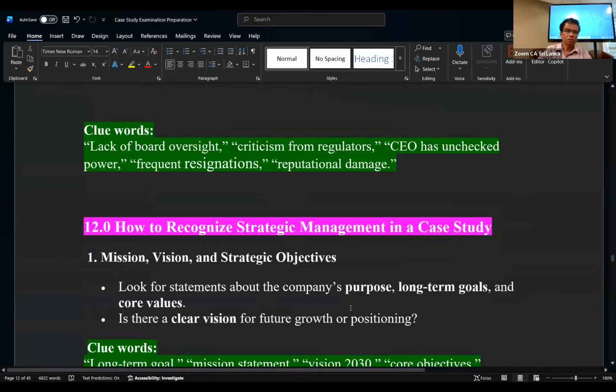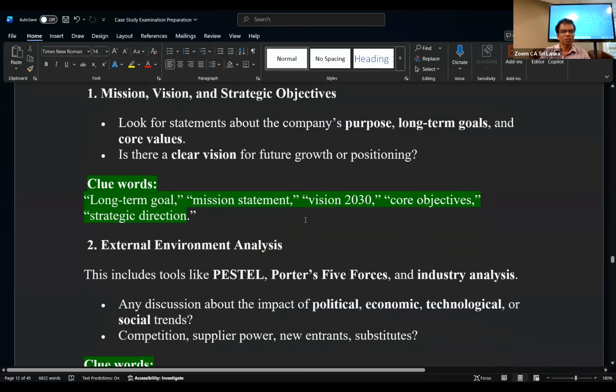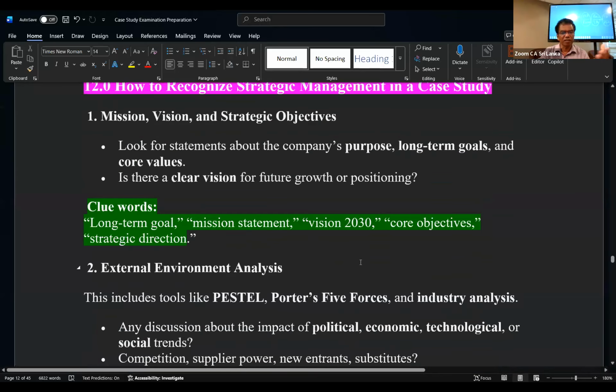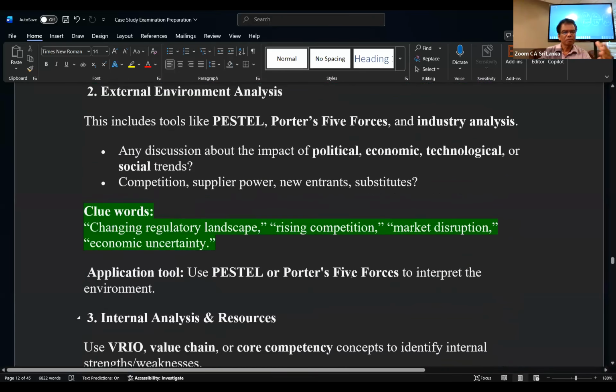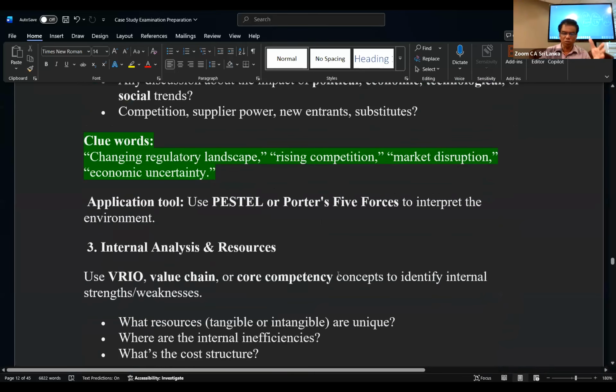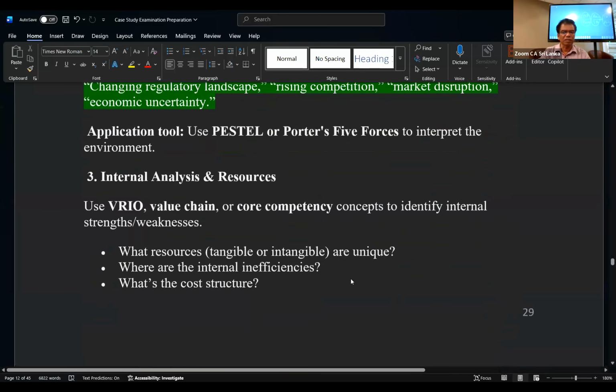Lack of board oversight, criticism from regulators, the CEO has unchecked power, frequent resignations, and lost words may be there. When you come to the mission and vision, you can find these clues will be there. Then you can know these things are necessary for your exam.